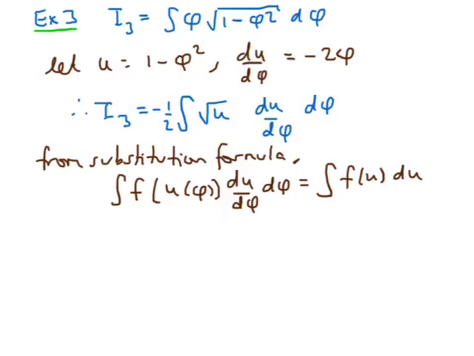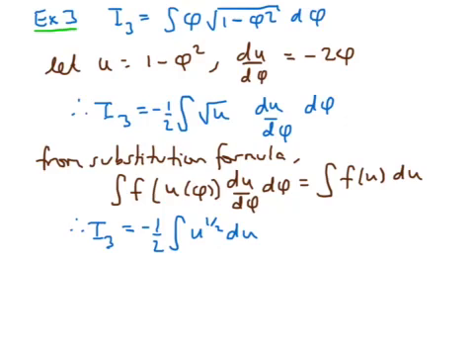So this therefore tells us that our integral I3 is minus a half, and it's the integral of u to the half with respect to u. So what I've done is I've recognised that the square root of u is u to the half.